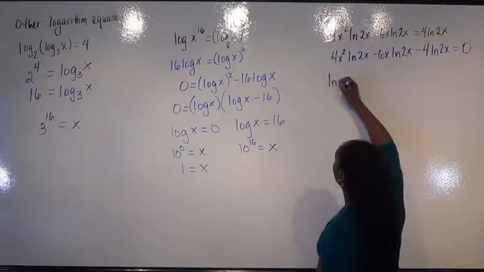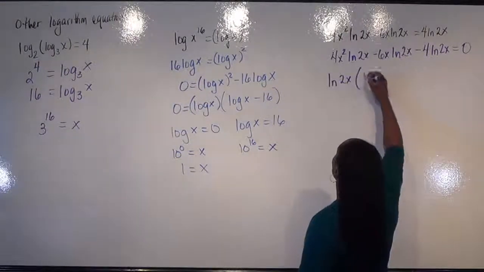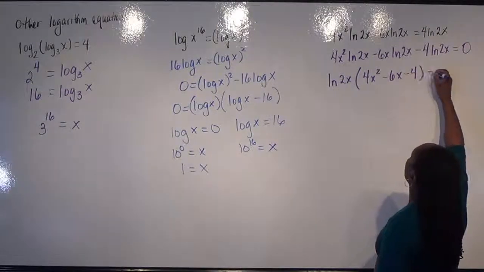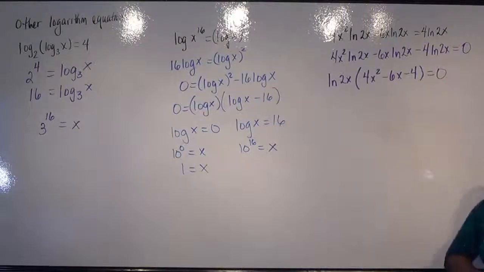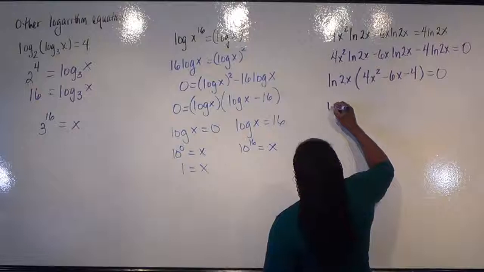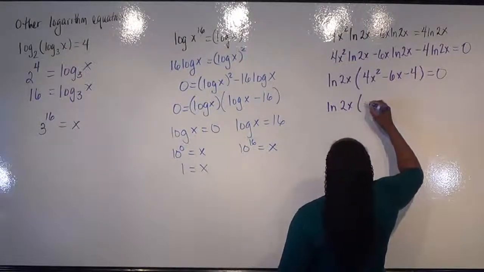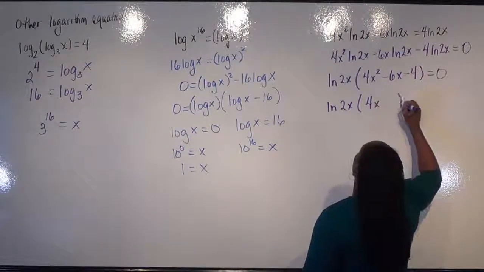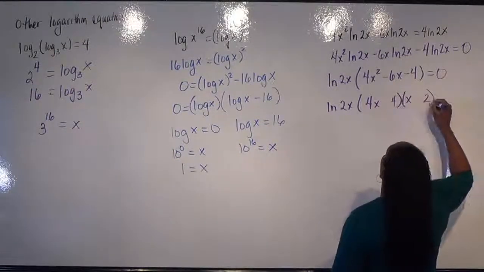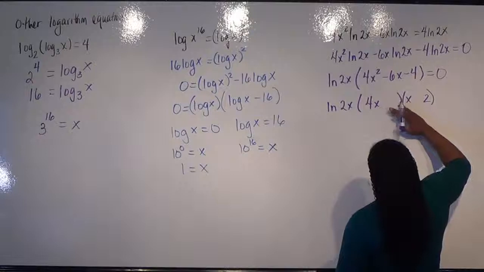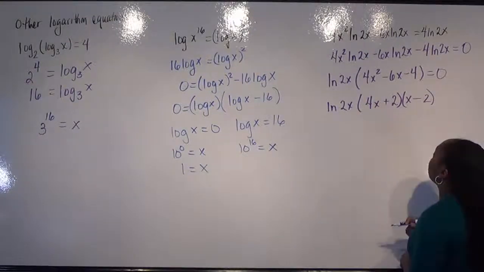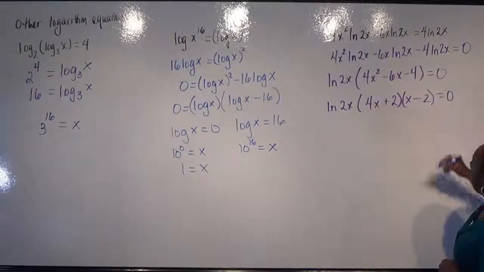Okay, so we'll pull a natural log of 2x out. And then we can see what's left over is just quadratic. So we can factor this as well. So it'll be minus 8 plus 2 to give us the minus 6.